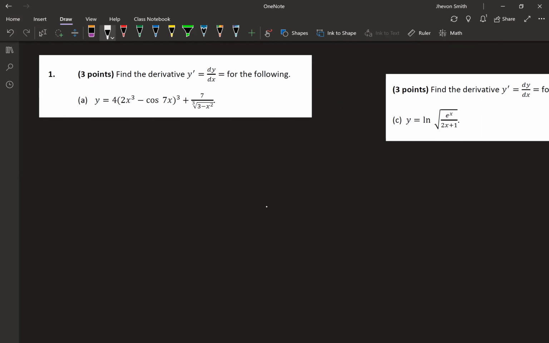I used the power rule and the chain rule. Mm-hmm. So the first part becomes what?